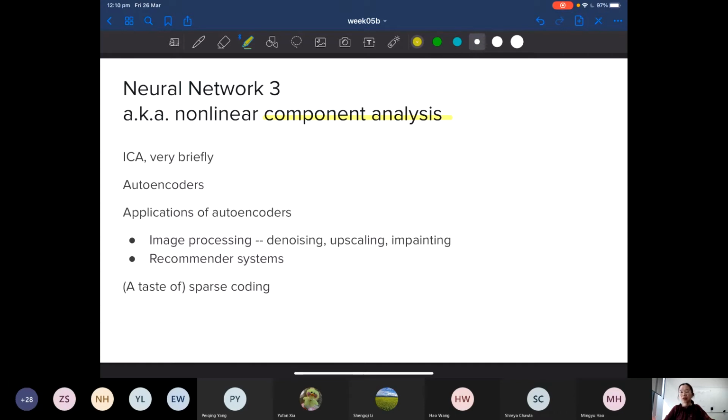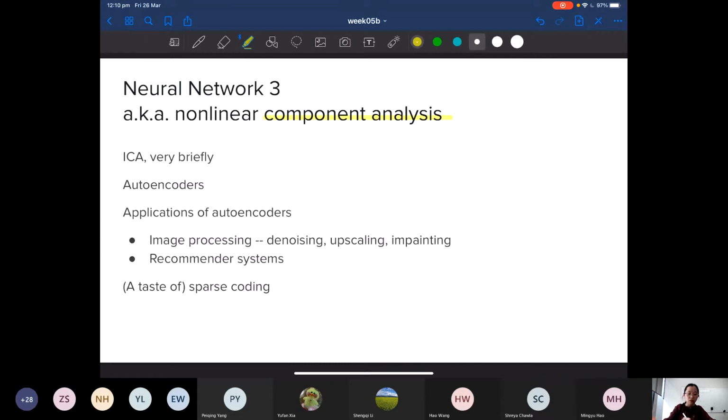Sometimes we won't even talk about what exactly the solution is. It's sort of giving you exposure to different variants of machine learning models related to component analysis.